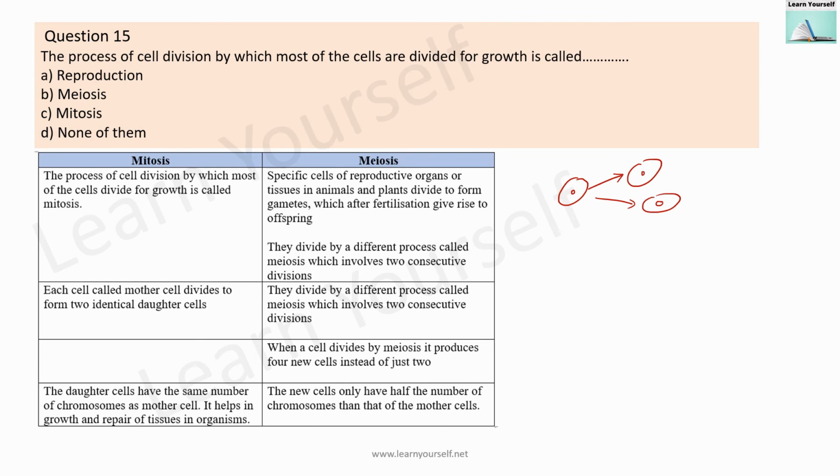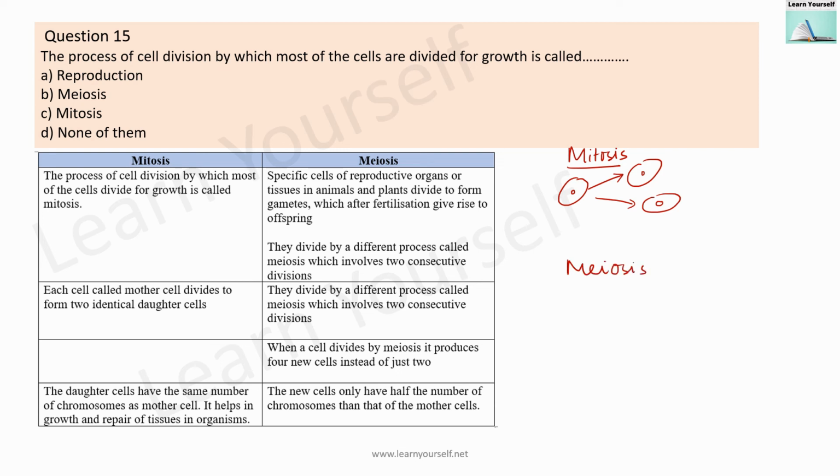Whereas in meiosis, what will happen? In meiosis, specific cells of reproductive organs or tissue in animals and plants will divide to form the gametes, which after fertilization give rise to offspring. They divide by a different process called meiosis, which involves two consecutive cell divisions.